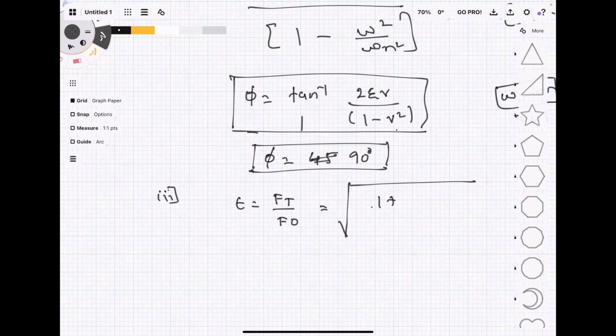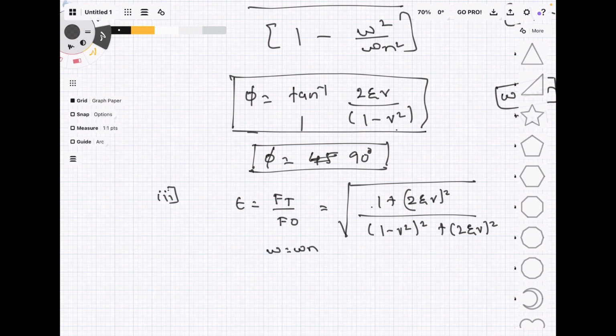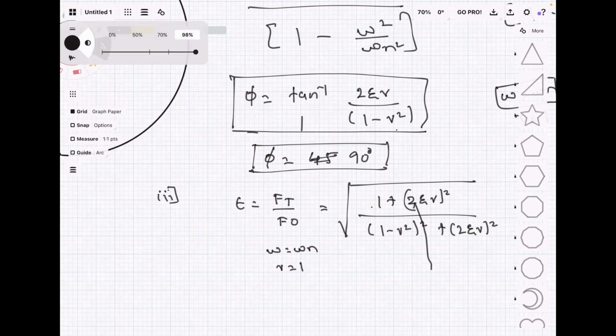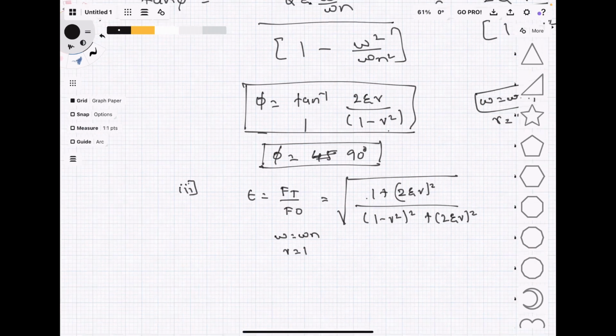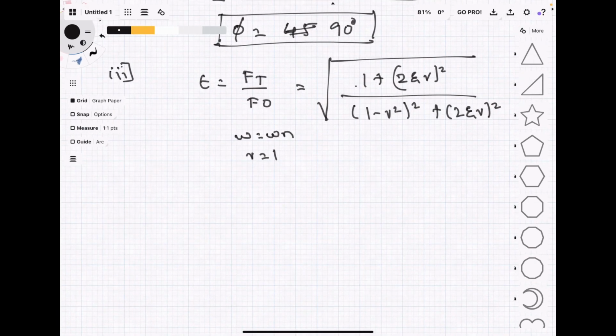It will be square root of 1 plus 2 zeta r the whole square, upon 1 minus r square the whole square plus 2 zeta r the whole square. This is the formula. So if you say once again the same case where omega is equal to omega n, in that case r is equal to 1, because the case is undamped forcing function is being given.